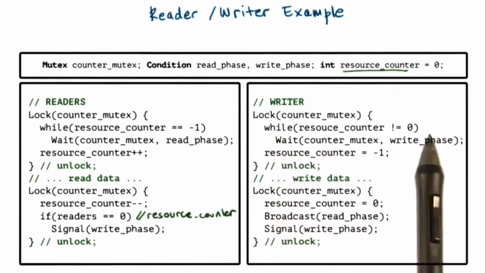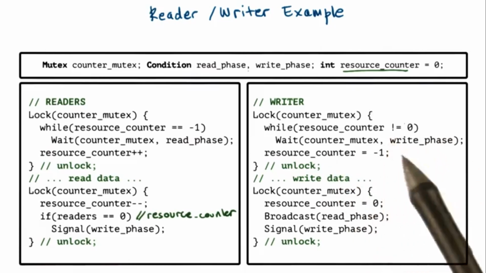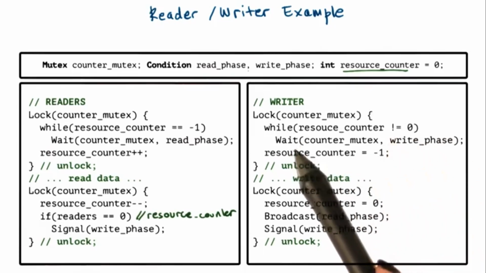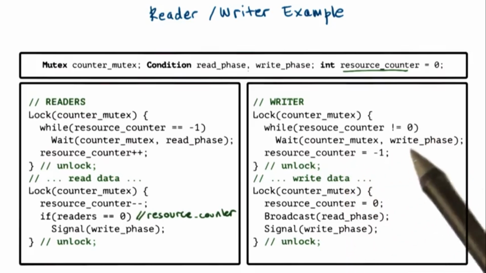We have to check whether resource counter is indeed still 0. The reason for this is that internally in the implementation of this wait operation, removing the thread from the queue that's associated with the write phase condition variable and acquiring this counter mutex are two different operations.